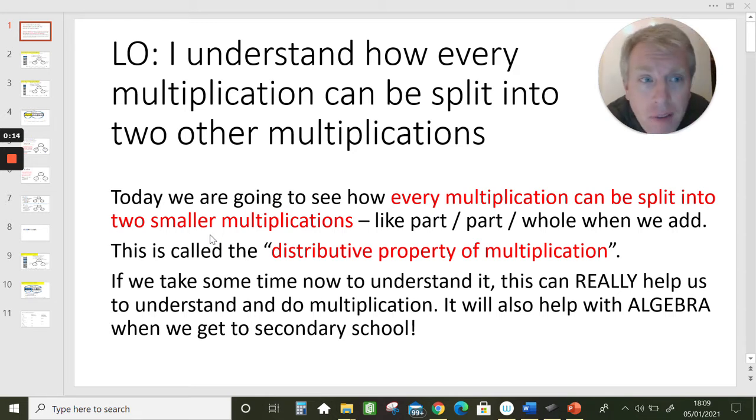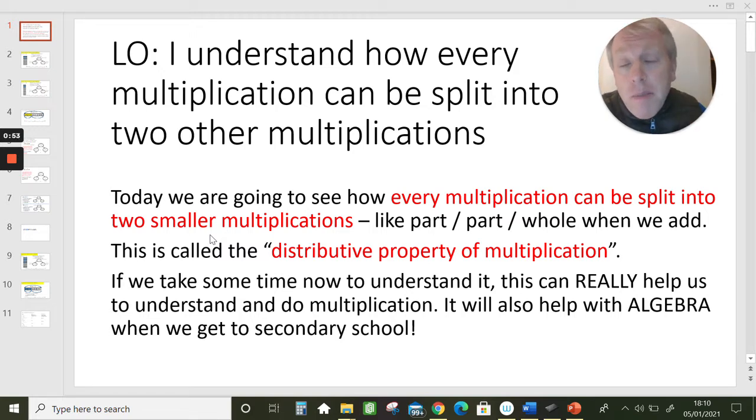So, I've got another lesson for you, and today we are understanding how we can take a multiplication and split it up into two other multiplications. And you might say, well, why do I want to do that? Well, it's because that's really going to help us to do multiplications which are much bigger than the times tables that we know, because we can split a big multiplication up when it's difficult into two smaller ones or two easier ones.